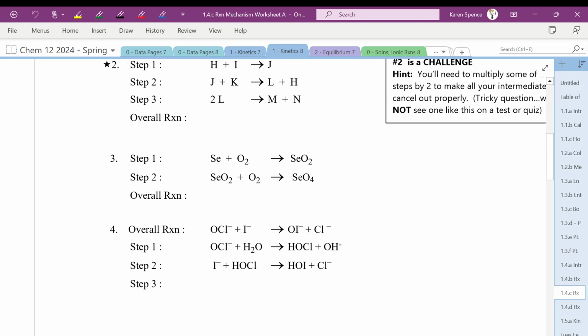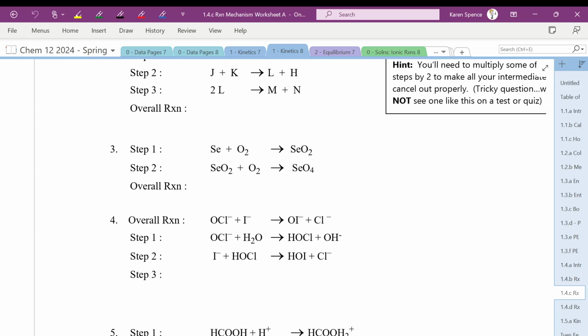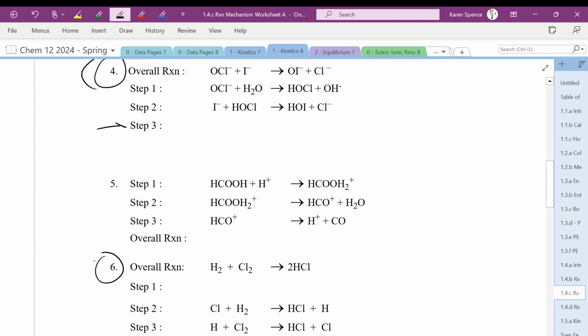Especially before you leave today, try number 4 because it's a find the step, and those are harder. And try number 6 because it again is a find the step, and those are harder. So make sure you've tried those before you leave so you can ask questions if you want to. All right, we have a half an hour to work. You also have the overall review if you want to use it.